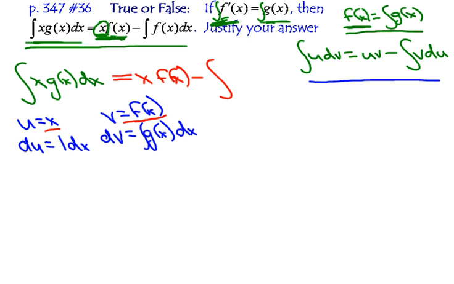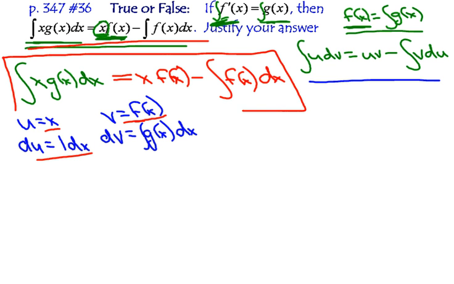Well, here's v, f of x. Here's du, dx. And that looks exactly like the formula up here. So we would answer true. Our justification is what we've just given: letting u equal x and applying integration by parts, we get the identical formula as mentioned in the question. This answer is true.